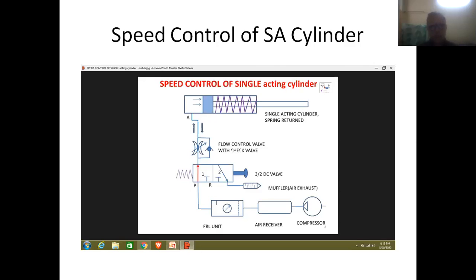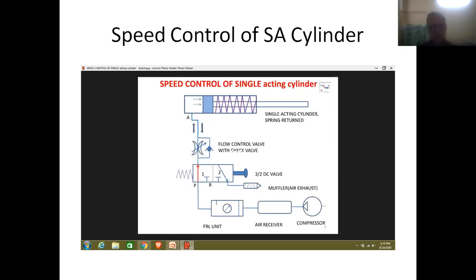Secondly, friends, as far as this circuit is concerned, this throttle valve will be controlling the quantity of fluid entering the cylinder, and finally the check valve will be receiving the total quantity of fluid coming out of the cylinder.